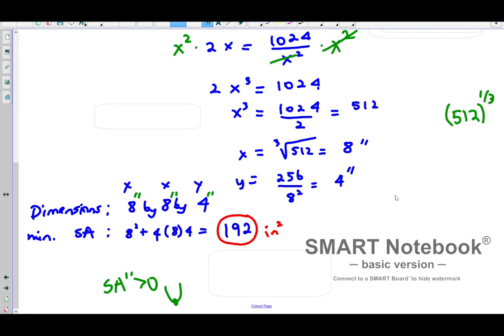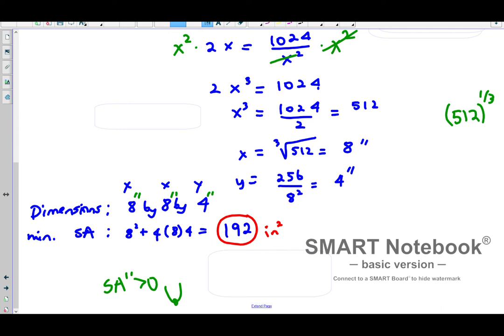It was a little bit more complicated than the last few, right? But notice that the method that we use to find the minimum of a function is pretty much exactly the same as the method that we use to find the maximum of a function. Basically, get your function in one variable, differentiate and set equal to 0, and don't forget to check it at the end.